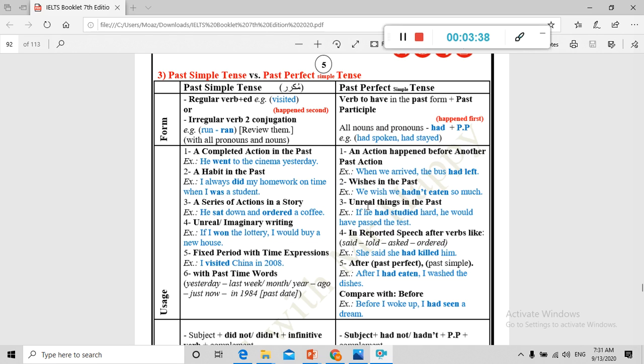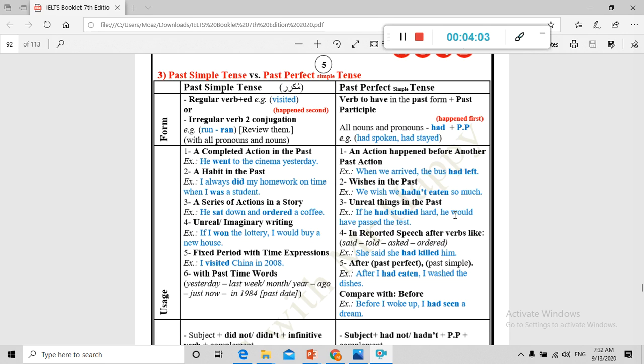Here, the third conditional clause. Unreal things in the past. If he had studied hard, he would have passed the test. But he didn't study hard, so he didn't pass the test.